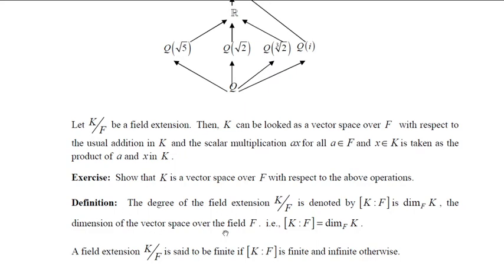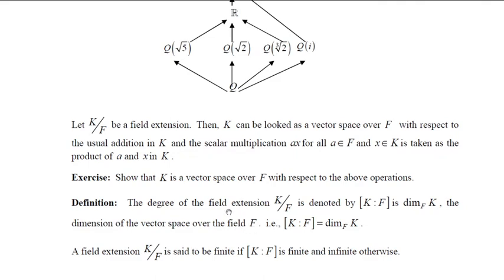We know that dimension of a vector space is nothing but the number of elements present in the basis of that vector space. That is called as dimension of the vector space. Number of elements present in the basis of a vector space or the field F is called as dimension.